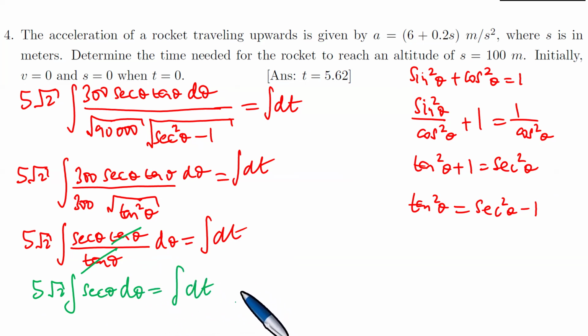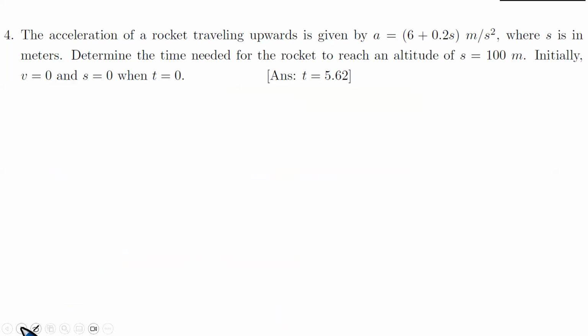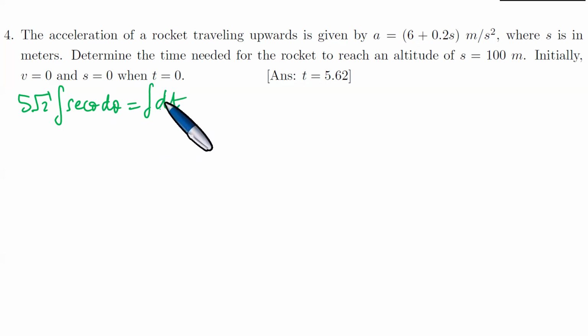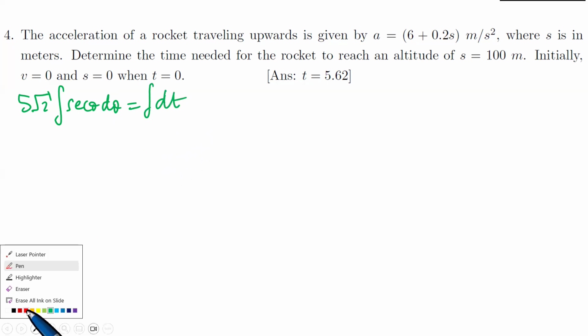This is dt. Okay, so this is exactly what we have, and then we need to integrate this. So it means that if ever you have 5 the square root of 2, the integral of the secant of theta d theta, is equal to the integral of dt. So everything sort of reduces to that.